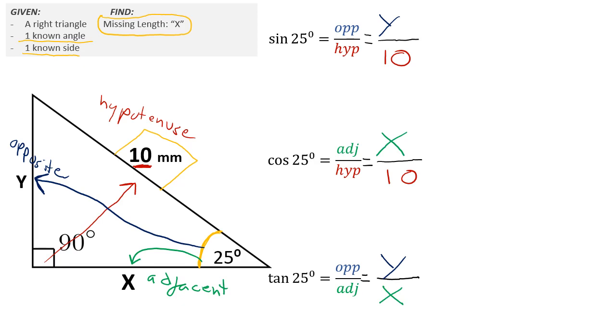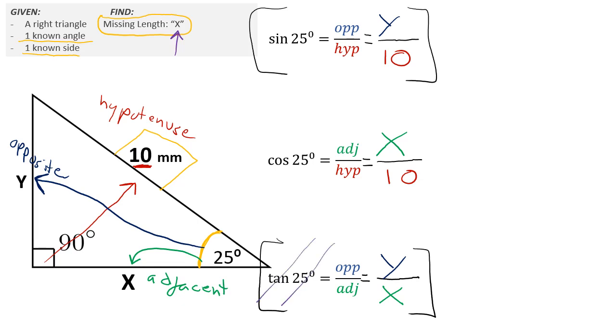So let's review which of these ratios is going to help us. Remember that all of these ratios are correct, but it depends on what we're being asked to find. And they are asking us to find x. So this tangent isn't going to help us, because we have two missing variables there. So although it's correct, it's not going to help.